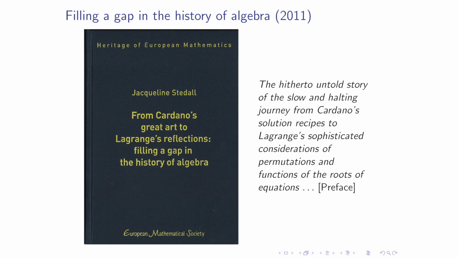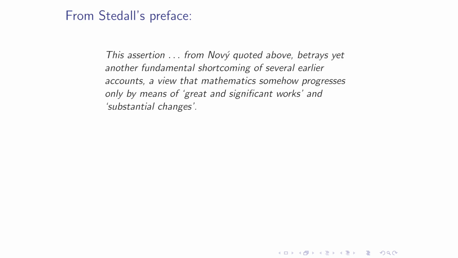But there's also a really nice commentary elsewhere in the preface. This kind of comment, as she says, betrays a fundamental shortcoming of many earlier accounts of this area, and is also adaptable to other areas of the history of mathematics: that we would only ever be looking for great and significant works and substantial changes.